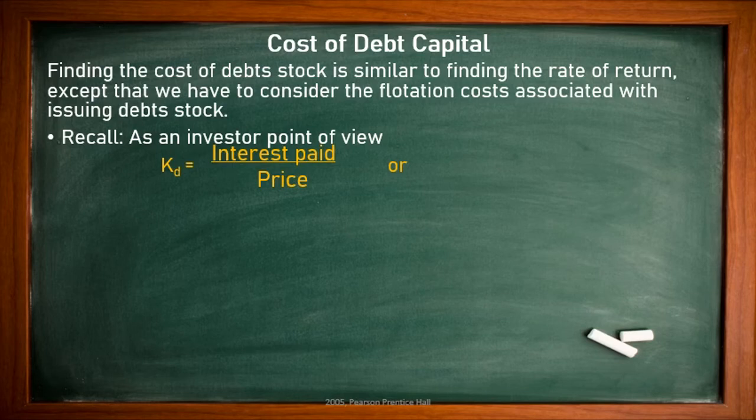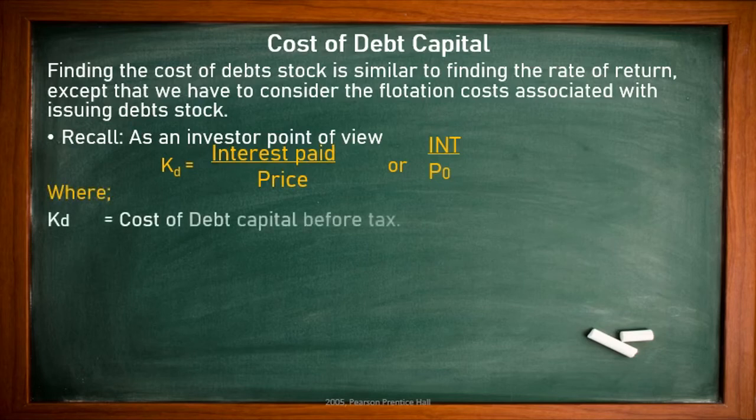In previous slides, when we discussed the time value of money, we used the word interest paid with the letter C, and the amount we receive we called P0. Here we show the short form: interest is INT and price is P0, that means the value of the stock.